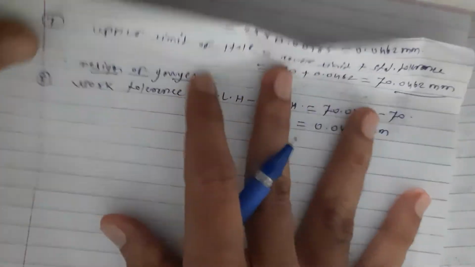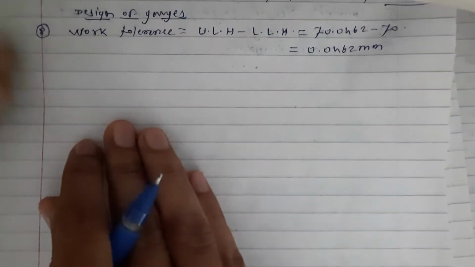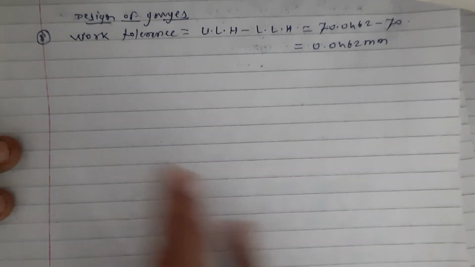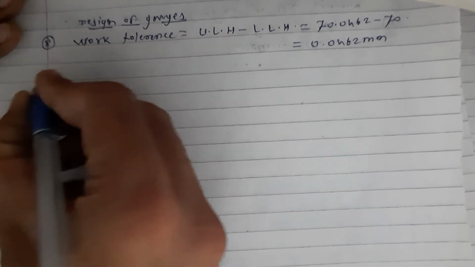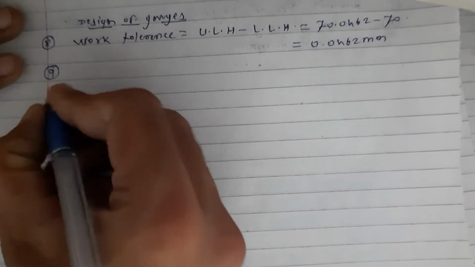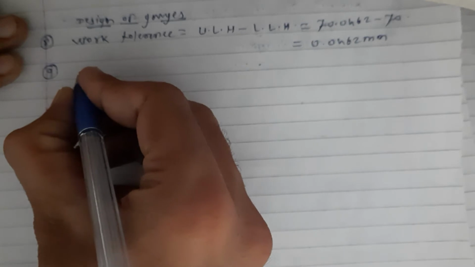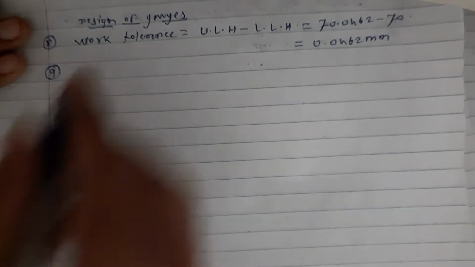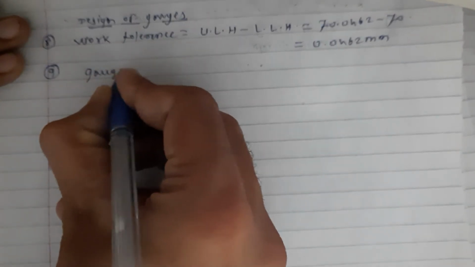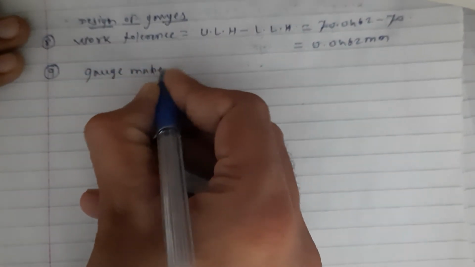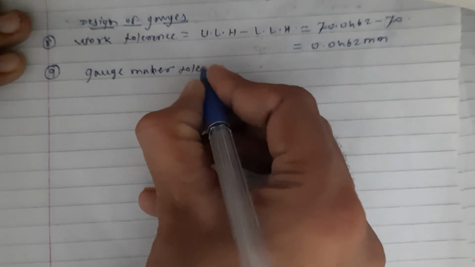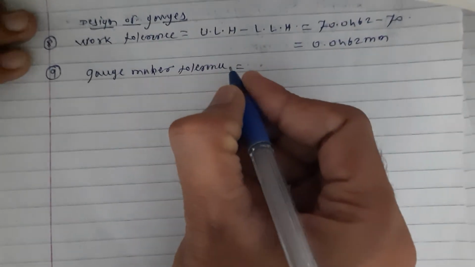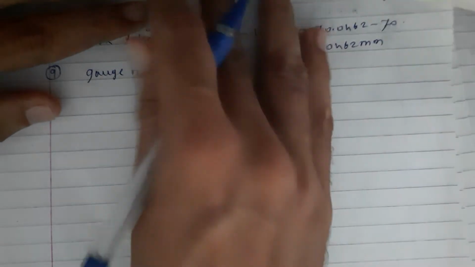Once you have calculated the work tolerance, we want to calculate the next one, step number 9: find the gauge maker tolerance and wear allowance. How to calculate the gauge maker tolerance? It is 10% of the work tolerance.